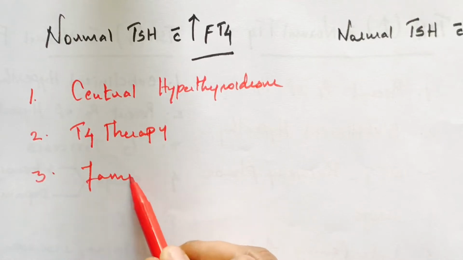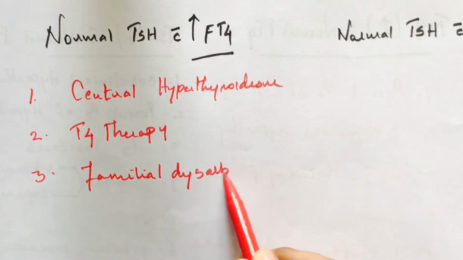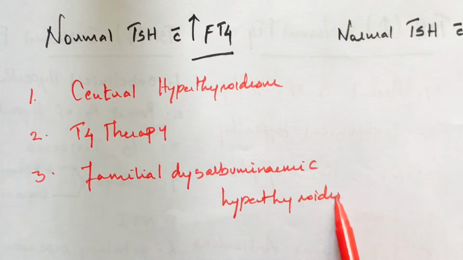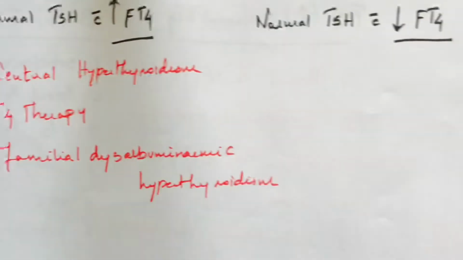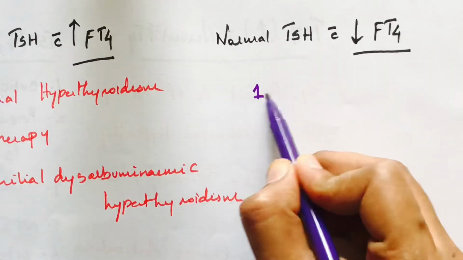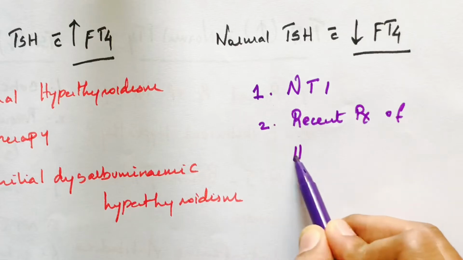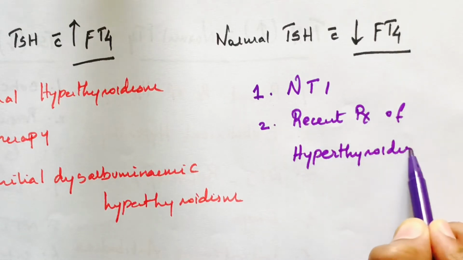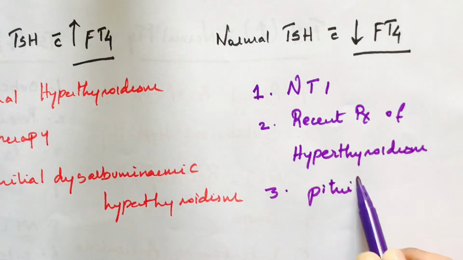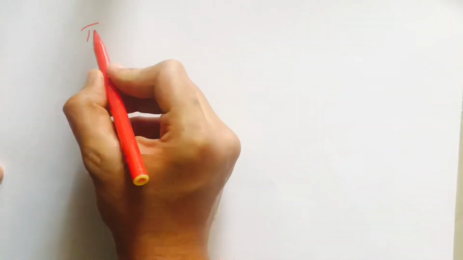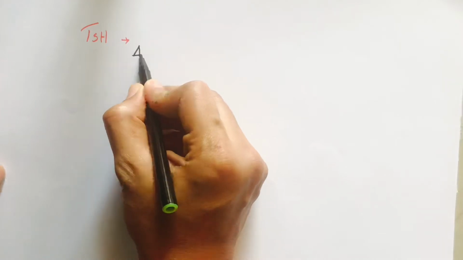When the patient receives T4 therapy, there is a condition called familial dysalbuminemic hyperthyroxinemia. And a few conditions where free T4 is decreased without any change in TSH are non-thyroidal illness, treatment for hyperthyroidism, and pituitary disease.